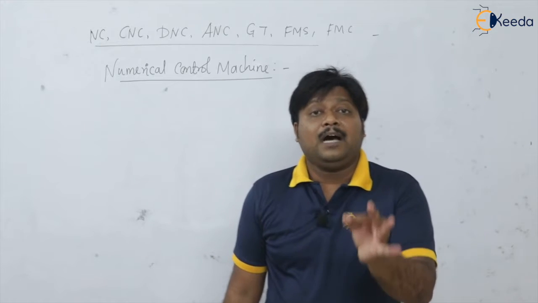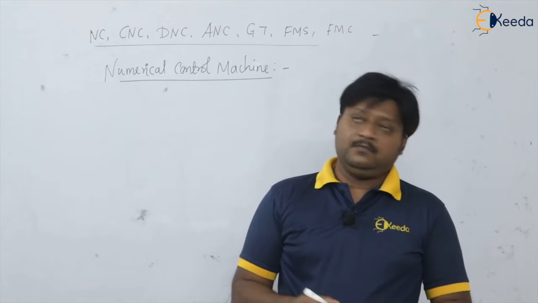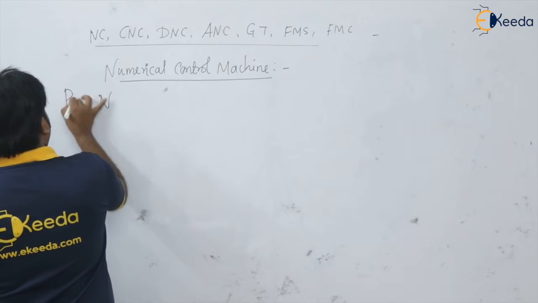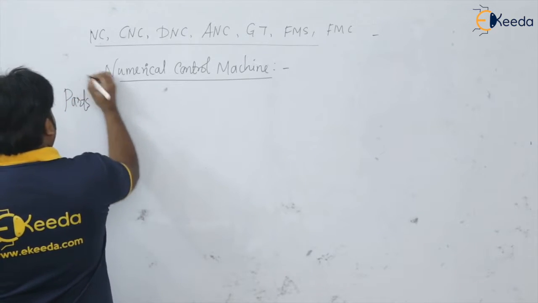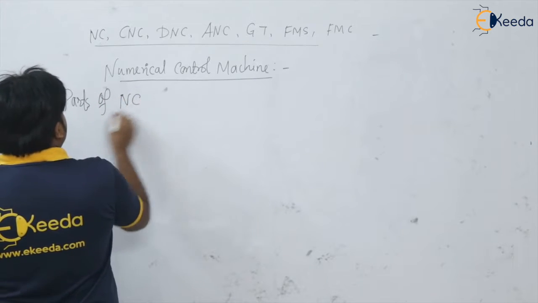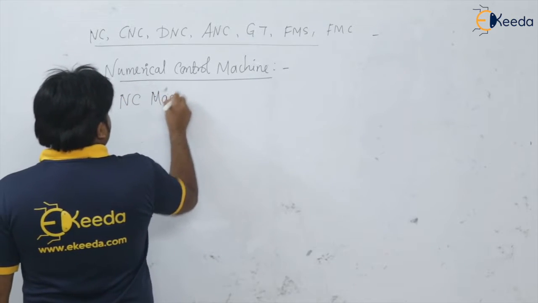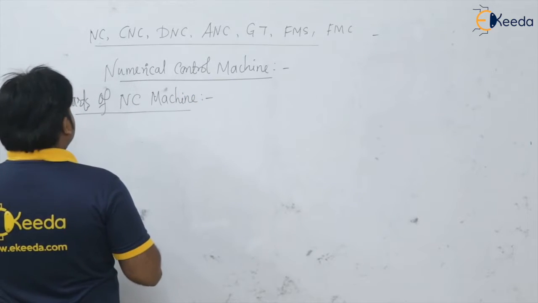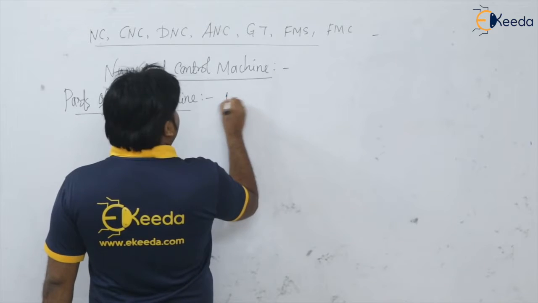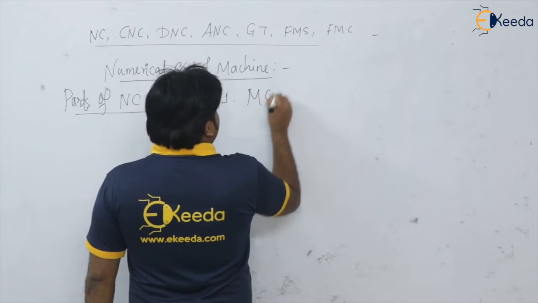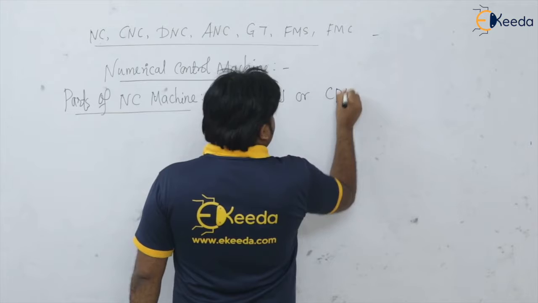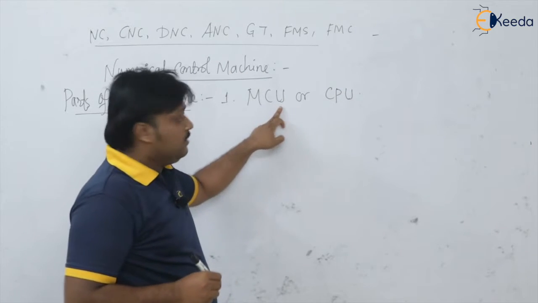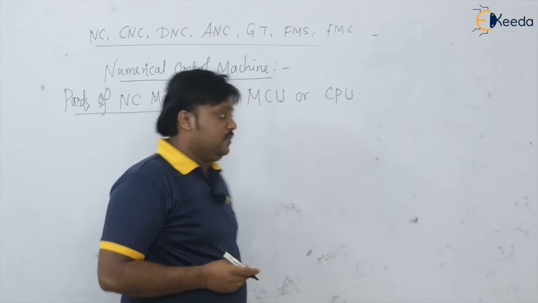Now what are the parts of this NC machine? That's what we are going to discuss. If we write the various parts of this NC machine, first we have the MCU or CPU. What is MCU or CPU? Machine control unit or central processing unit, like the computer.